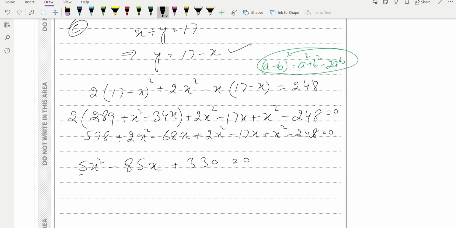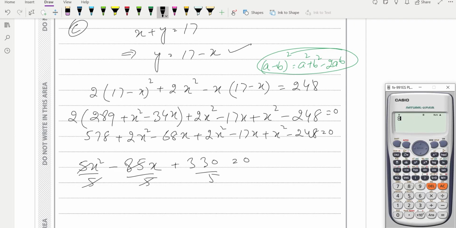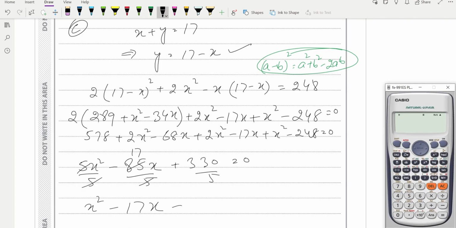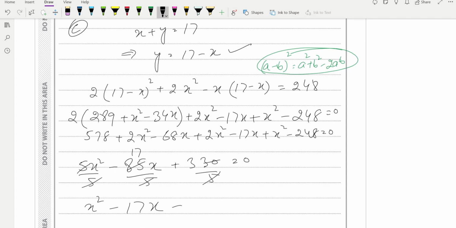Now we can divide everything by 5 so that we can simplify. This will be gone, and 85 divided by 5 will be equal to 17. So x squared minus 17x and minus 330 divided by 5. 330 divided by 5 will give us 66.